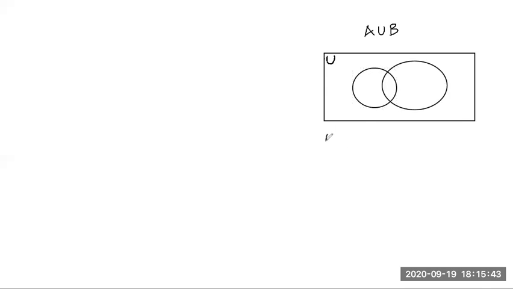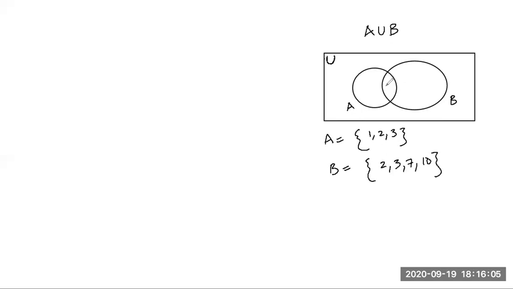I can give an example also. Let's say A is this set, B is this set. Let's say A is {1, 2, 3}, and B is looking bigger, so obviously I'll draw a little bigger set: {2, 3, 7, 10}. See, 2 is common.